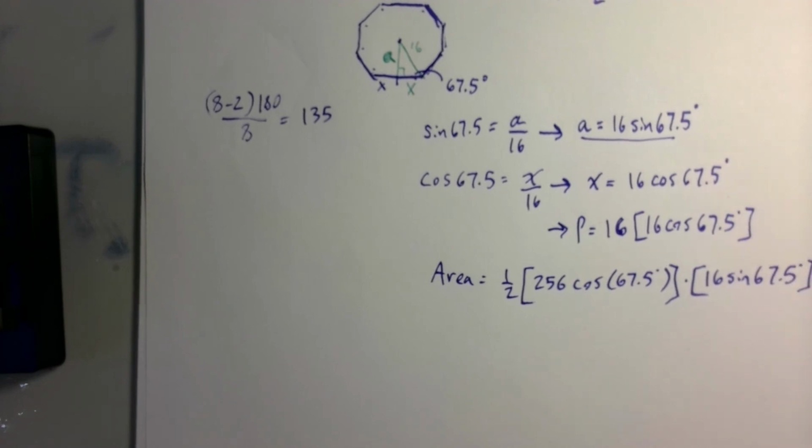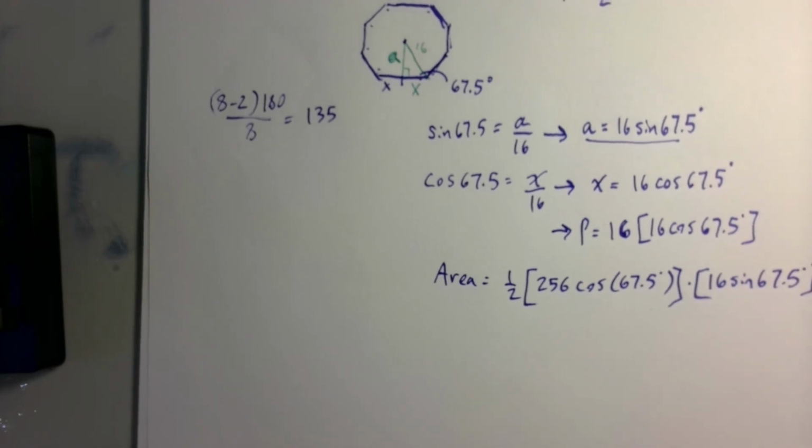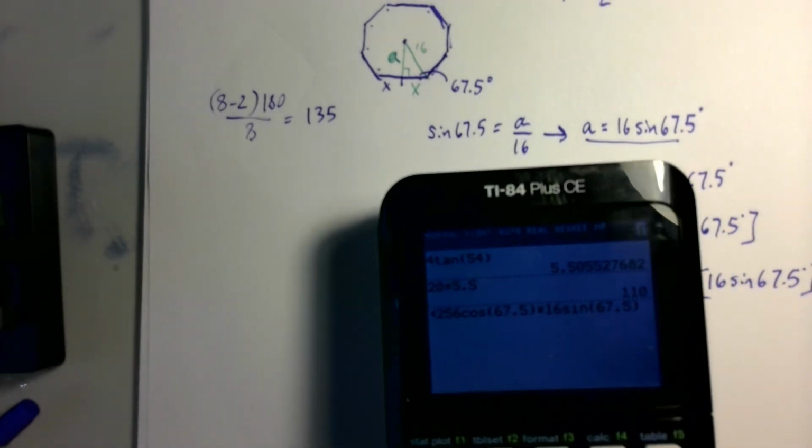As I mentioned, it's best to really wait till the end to do any rounding. So I'm going to type all that in my calculator all at once. So 0.5 times 256. And make sure you're in degree mode because that'll throw all your answers off if you're not. Also, make sure you close any parentheses whenever you put the angles in for your sines and cosines. Let's see, 67.5 should look like this.